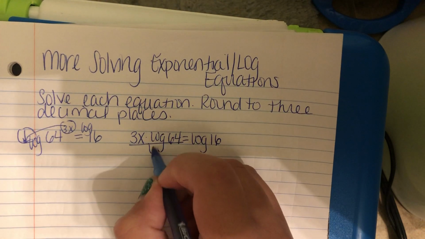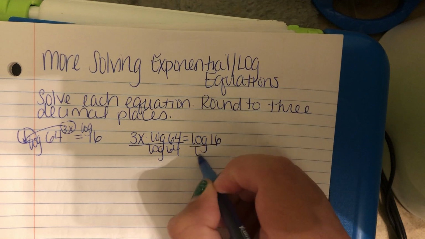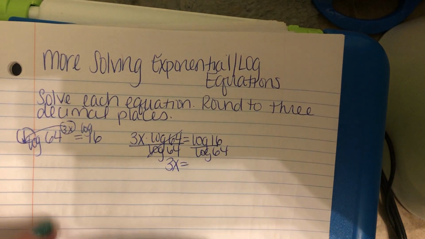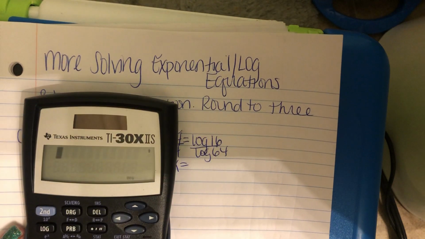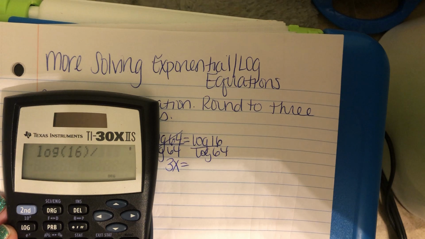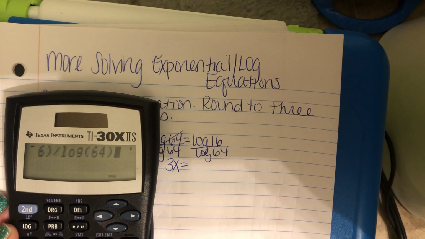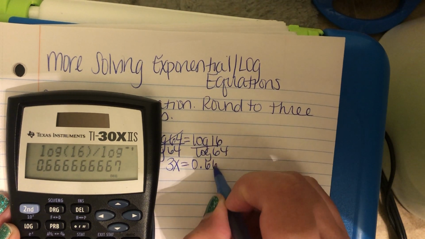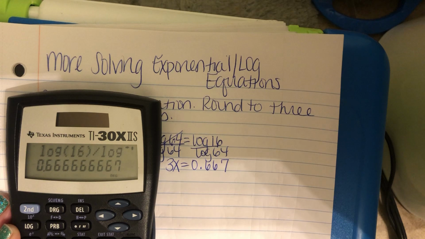And then I'll divide by the log of 64. So I'll get 3x equals, and then on my calculator, I'm going to take the log of 16 divided by the log of 64. And I got 0.666, and I'm going to round to 3 decimal places, so 0.667.